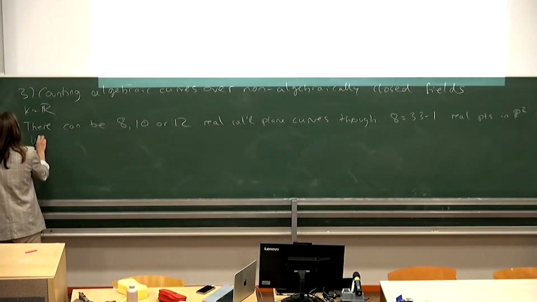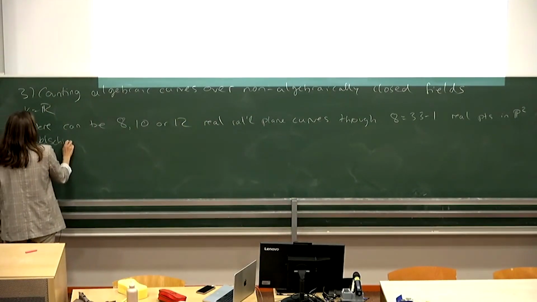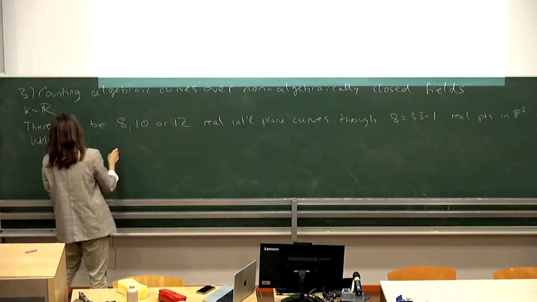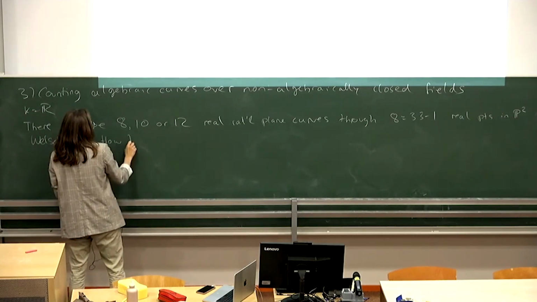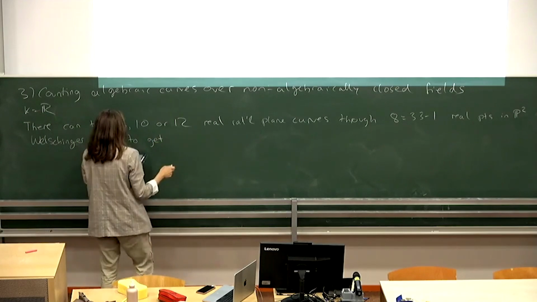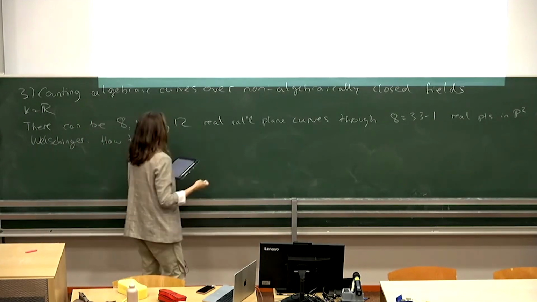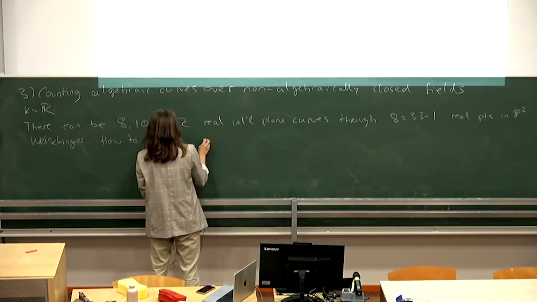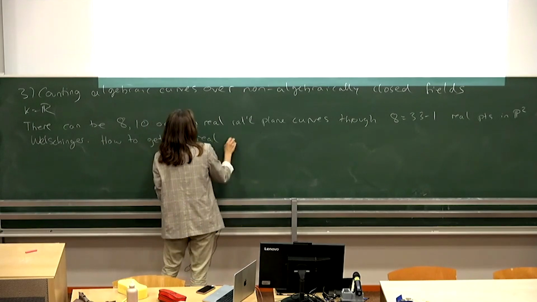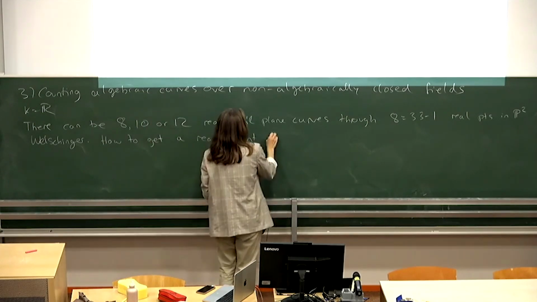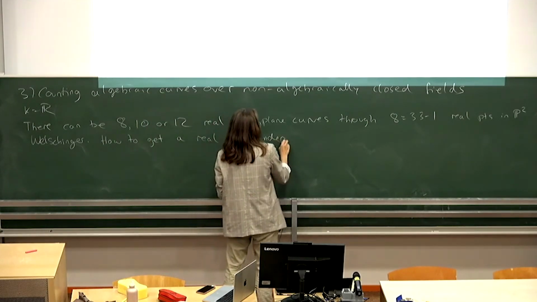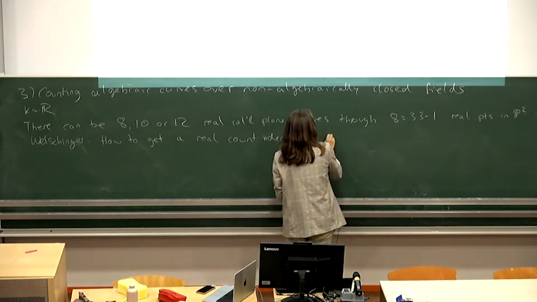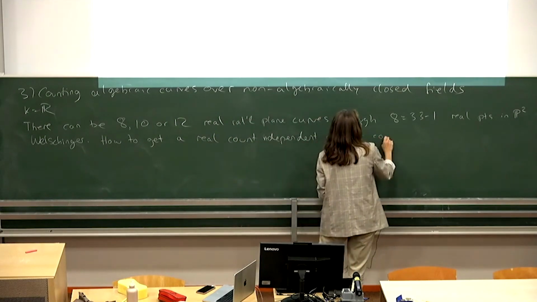But Grothendieck-Witt tells you how to get a real count independent of the point configuration.